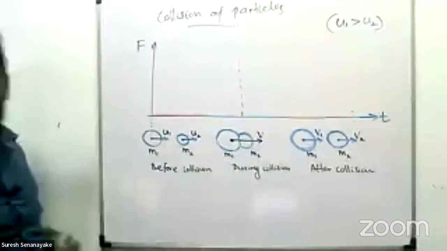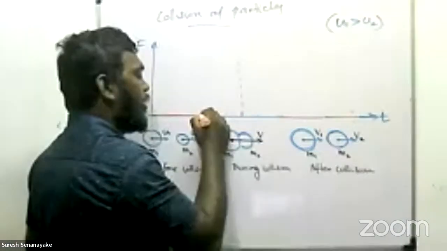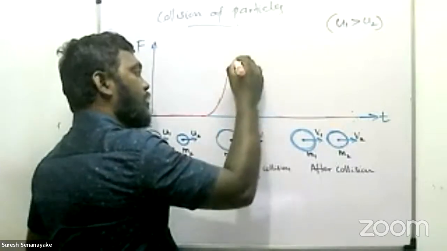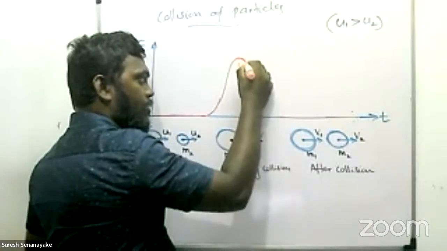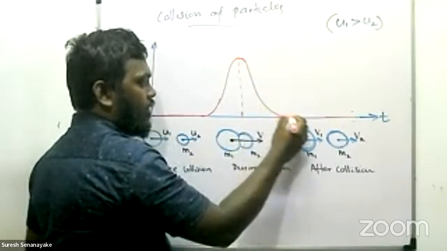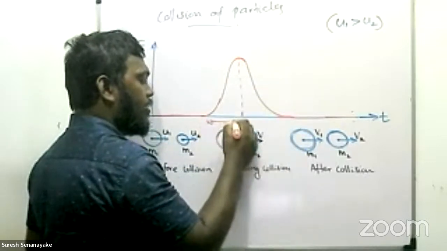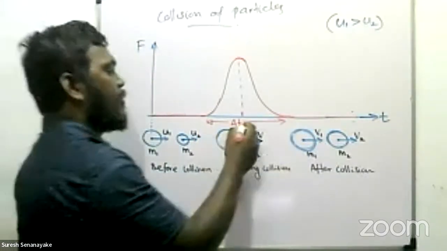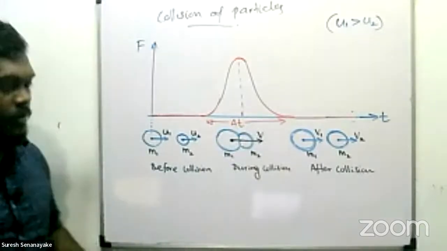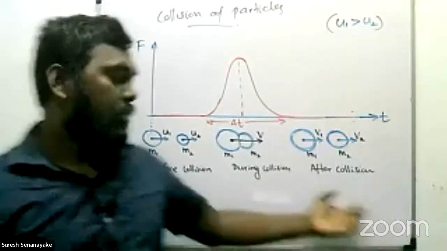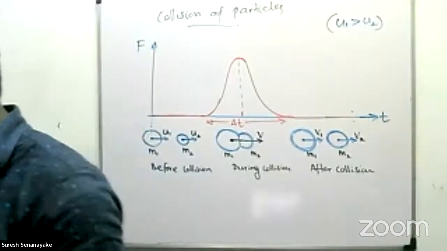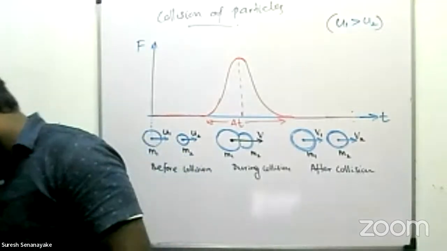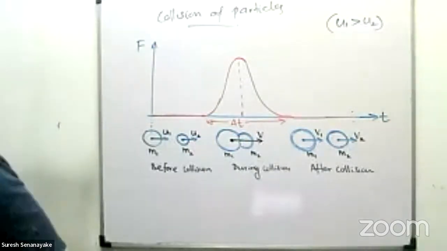The force repeatedly increases and then decreases. This force is applied on the bodies during the collision only. The time interval of the collision is delta t here, which is a very small time, maybe microseconds. You can draw this with these figures and get a clear idea. Then I will give you the note on what happens during this collision. You need to know this phenomenon.